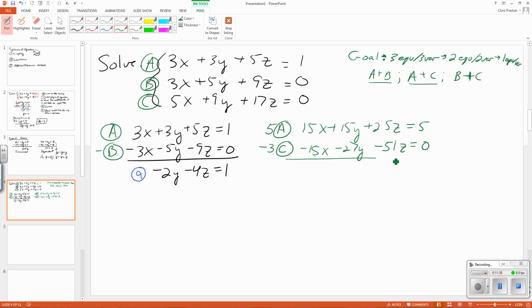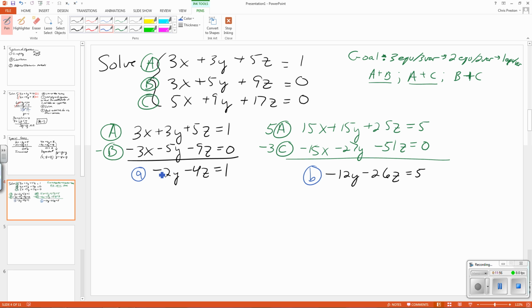And I'm going to add those together. Again, the x's cancel out. I have, what, negative 12y, negative 26z equals 5. And I'm going to call that little b.